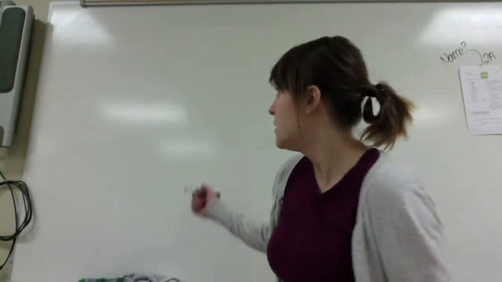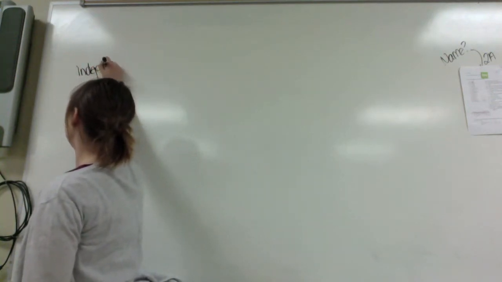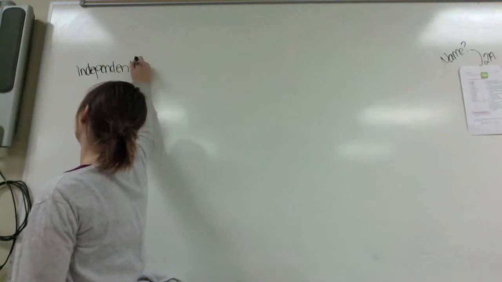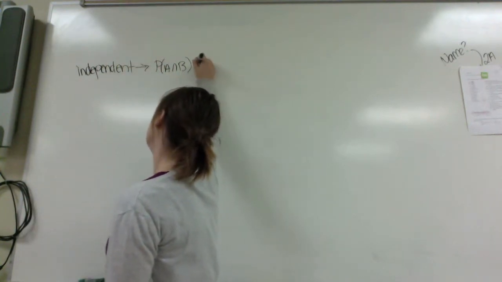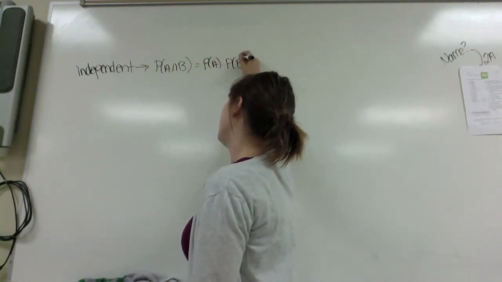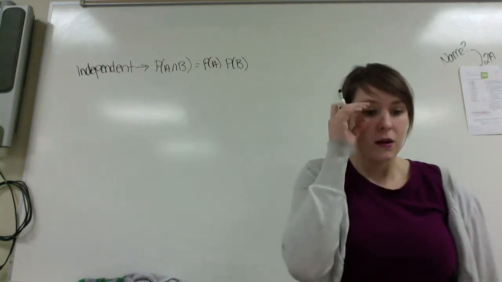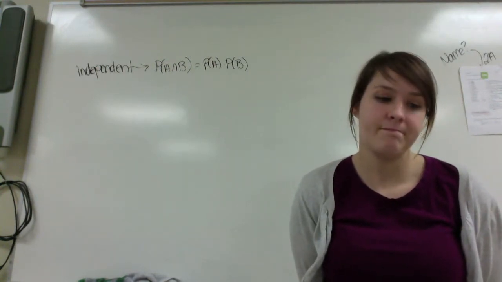Events A and B are independent if and only if the probability of the intersection is equal to the probability of A times the probability of B. So, to prove that something's independent, we can say that the probability of their intersection is equal to the probability of A times the probability of B. That's the formula that you want to use in order to prove that something is independent.